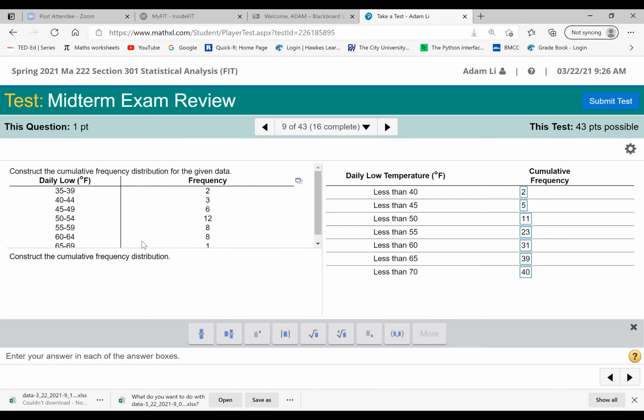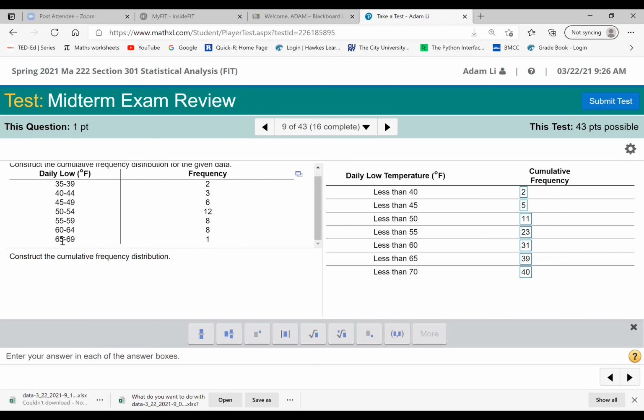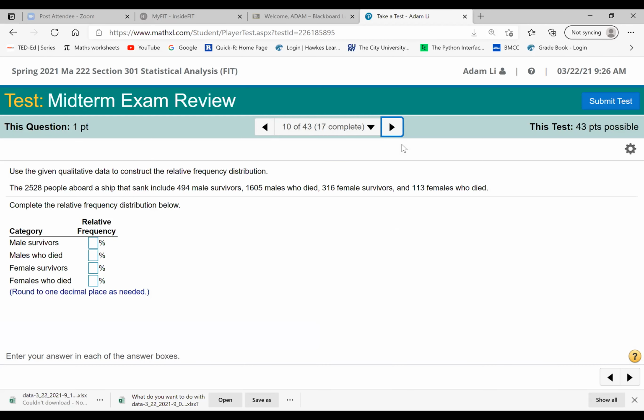And less than 70, meaning we are accumulating all 7 classes in terms of frequencies. So that should be 40, right? Eventually. So any question on this? Okay, that should be fairly straightforward. Just cumulative frequencies we have to calculate.